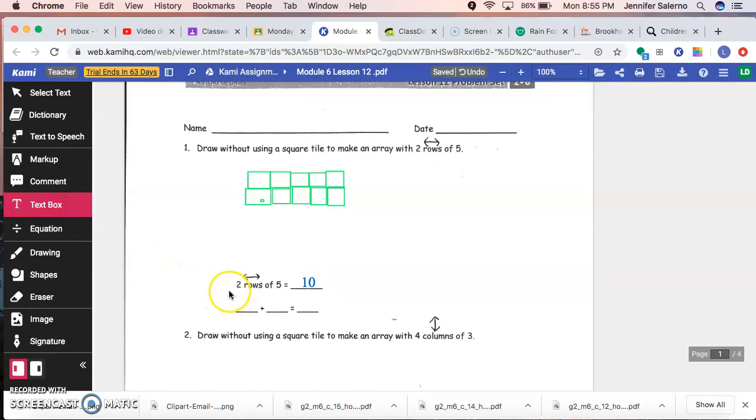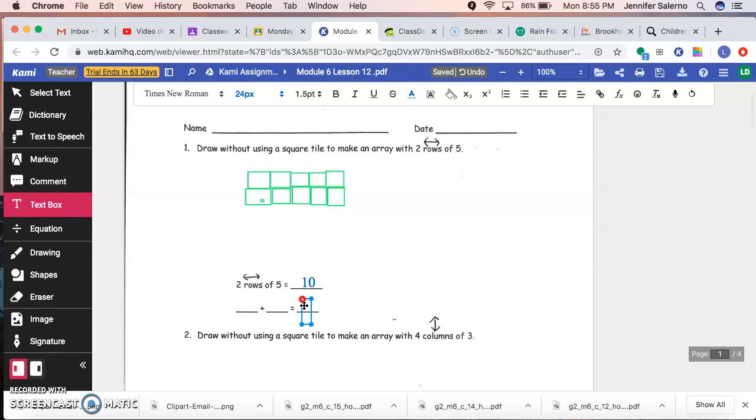Then I need to come down here as always, which you should be familiar with by now, and you are going to be putting in your repeated addition equation for this problem, okay? So we know that I did rows, so I have 1, 2, 3, 4, 5 in one row, so 5 plus 5 equals 10, okay? 5 plus 5 equals 10.